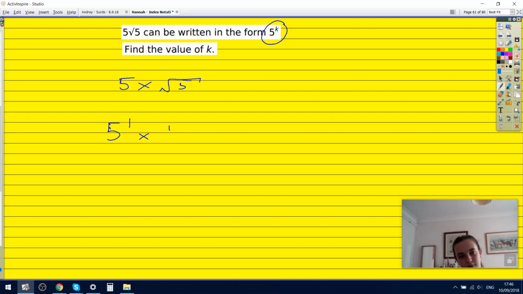The half. And so what do you get when you multiply these two? A half. 5 to the 1 times 5 to the half? 25 to the half. What would be a to the 1 times a to the half?